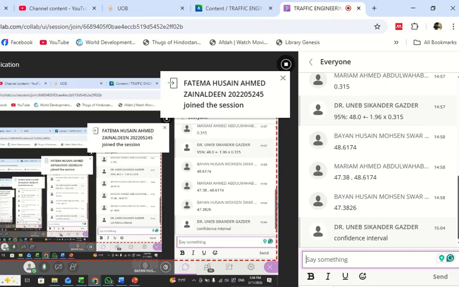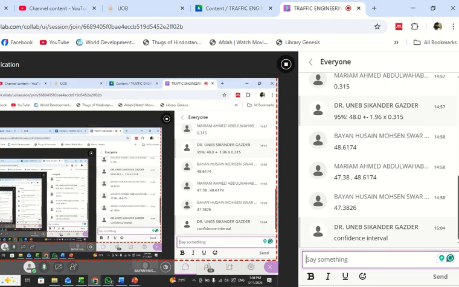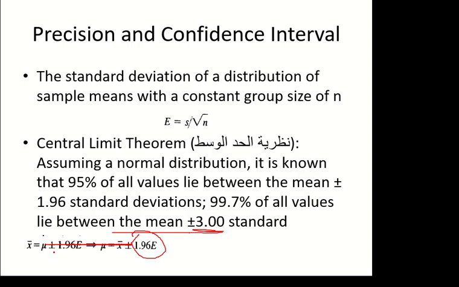The confidence interval is the range of the data which you get through the central limit theorem using the mean and the standard error.